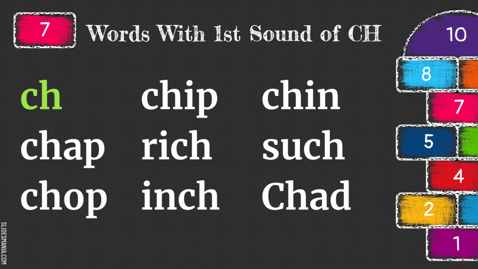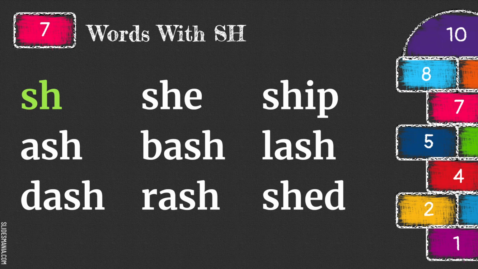Let's try some words with the sound of SH, which is sh. Right here, we have a word ending with a vowel, so we will try the vowel's long sound. Sh, e, she. Sh, ip, ship. Ash.